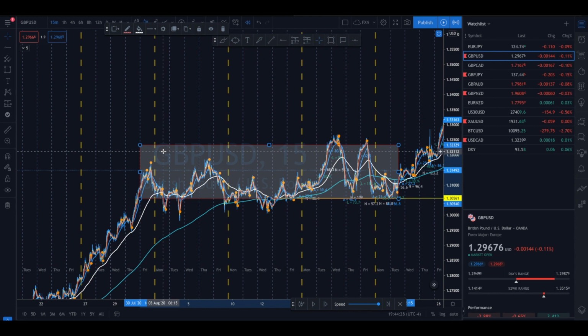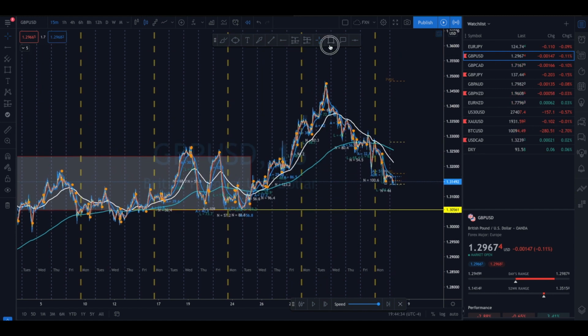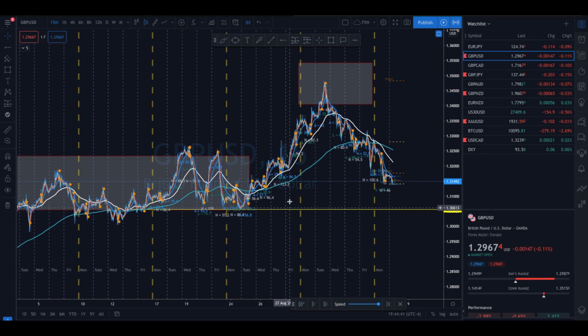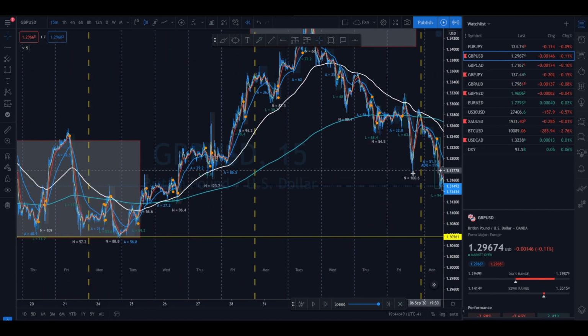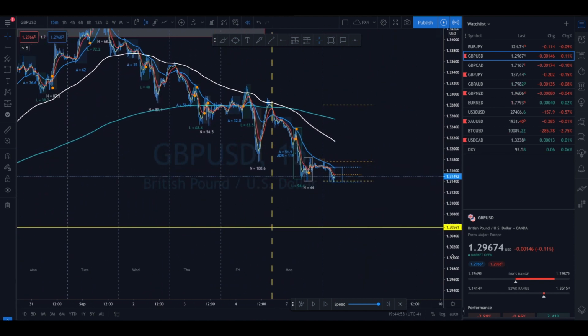Do you see that? We're not at the top, obviously, which is up here. We're not anywhere near this structure here. We're still in the middle. So because we're still in the middle, obviously we want to get down to this structure, and I believe that's where we're headed. So because of that, your bias should be a sell.